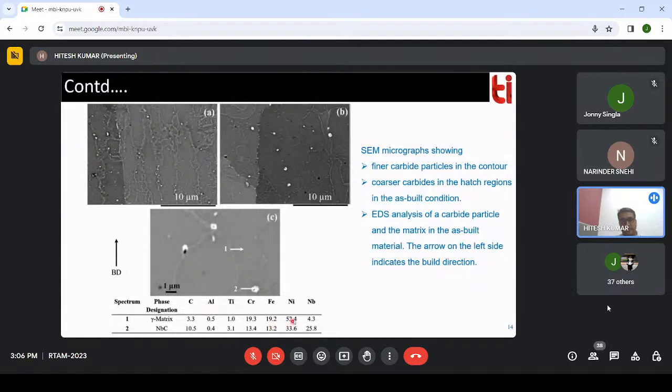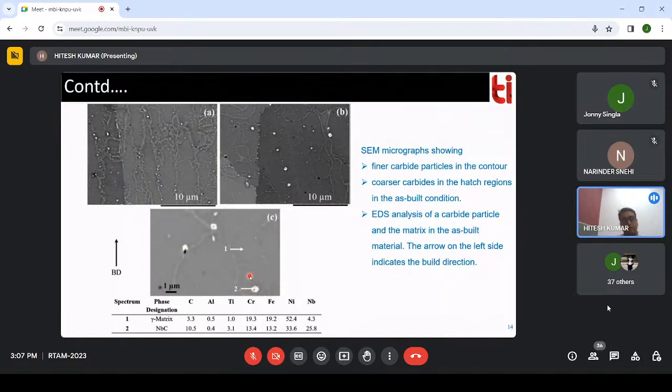In the matrix, we observe the nickel percentage is around 52% or 53%. But when we talk about the precipitates, the nickel percentage goes down and the niobium shoots up, from 4% to 25.8%, around 26%.